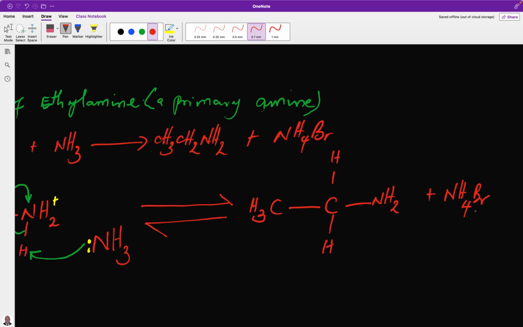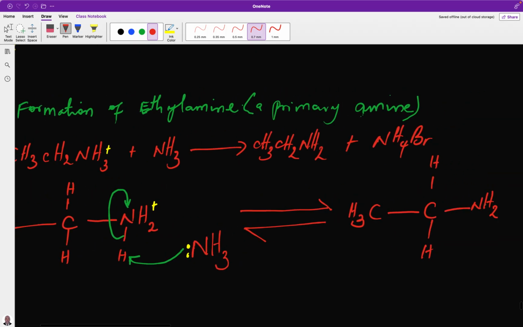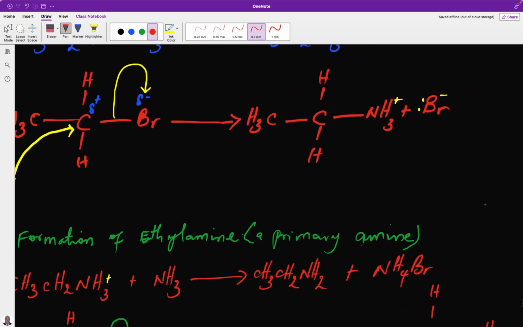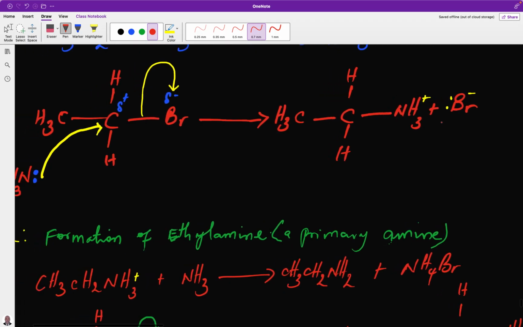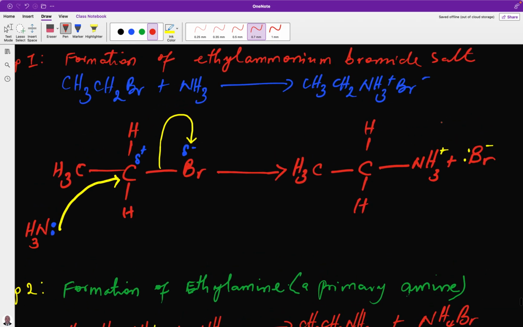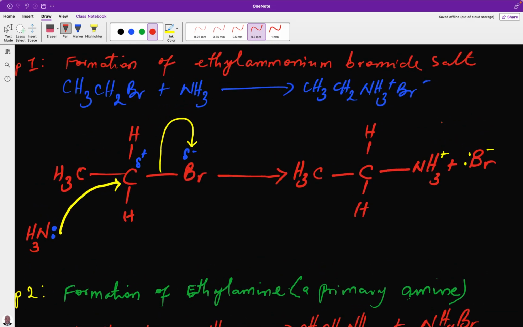The NH4 plus the bromide that left in the first case here. The bromide is still in solution. So that is the whole thing. Step number 1, a recap: formation of ethylammonium bromide salt.